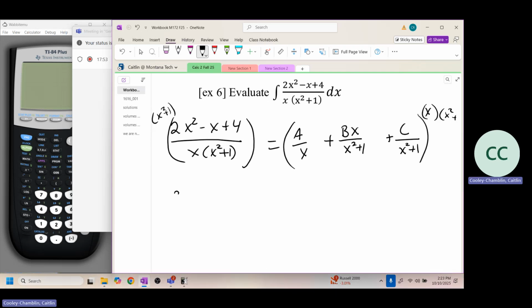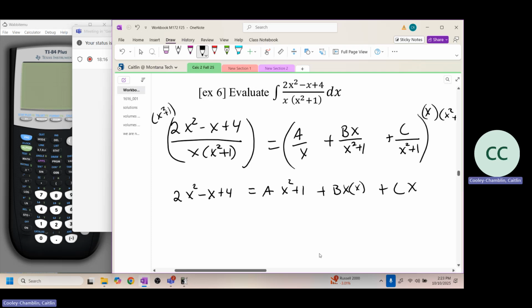And so we get 2x squared minus x plus 4 equals A times (x squared plus 1) plus Bx times x. So Bx, that term, times the x that's left over, plus C times x.